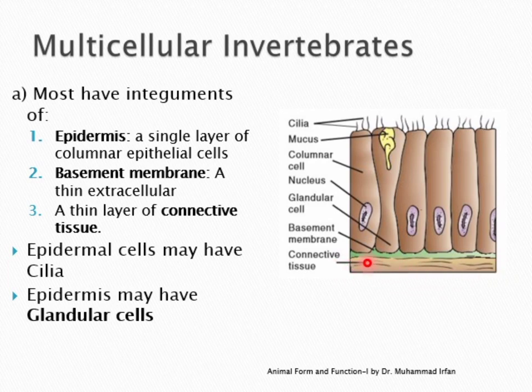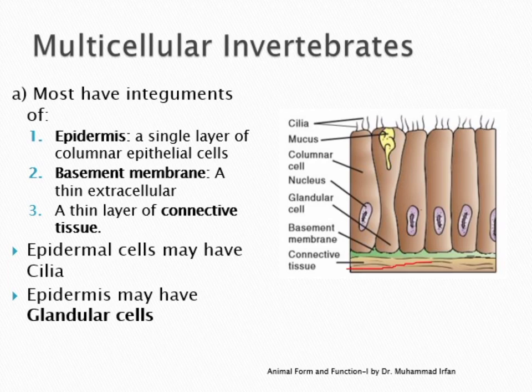For example, here the connective tissue is connecting the epithelial tissue with the muscles beneath. In contrast to epithelium, connective tissue is highly vascularized, with a lot of blood vessels. These blood vessels nourish the connective tissue as well as the epithelial layers.